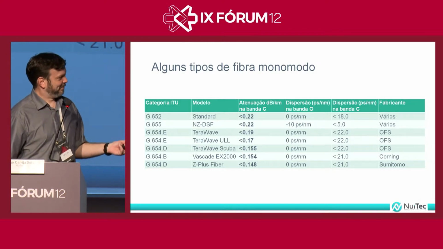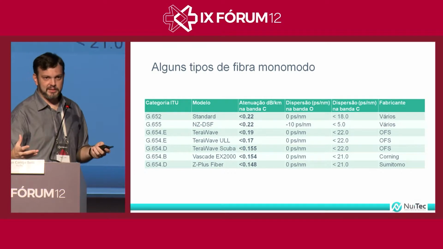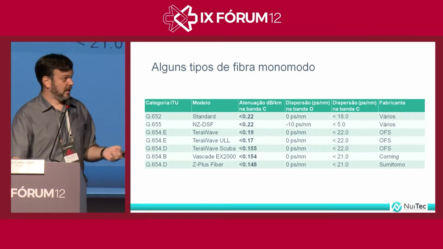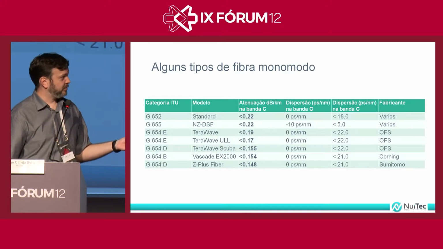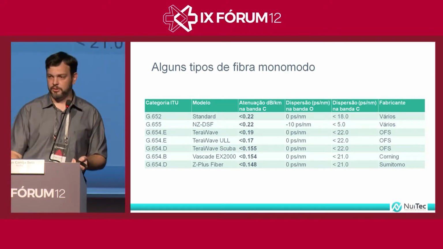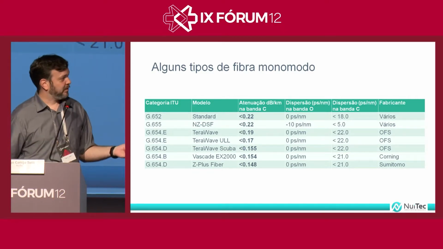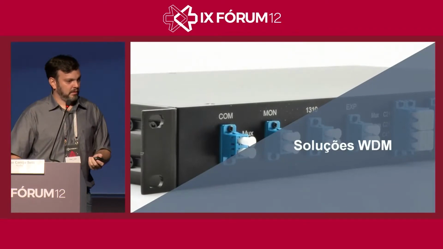It's a K factor just to guarantee. But you have fibers today that are purer and can absorb less light. The record that has been published by Sumitomo is that they achieved 0.148 dB of attenuation per kilometer, and it has more dispersion than the common one.